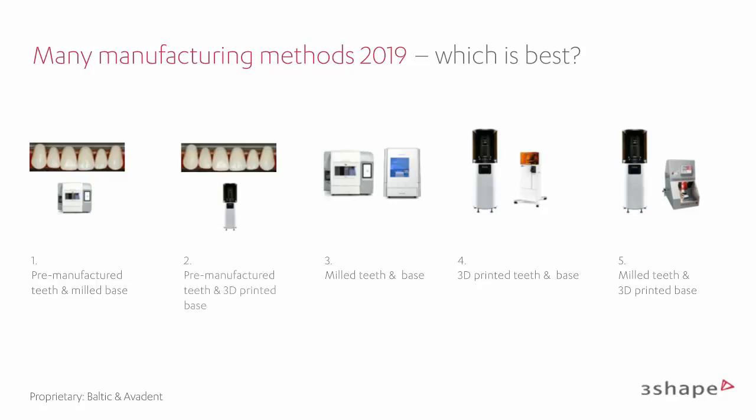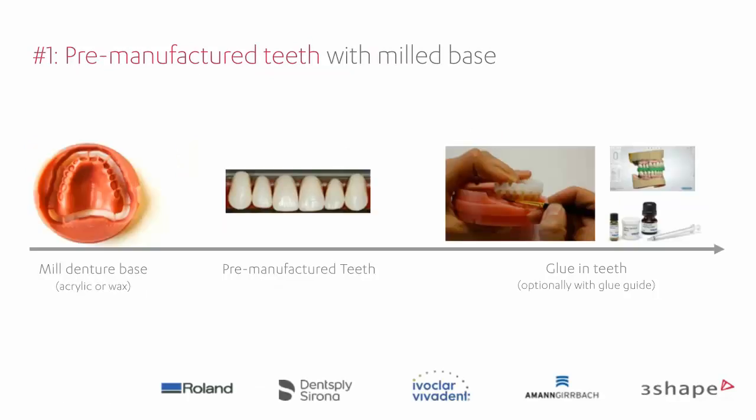Instead, there's been introduced the solution by Sirona, where we use pre-manufactured teeth and a 3D printed base. I'm not going to go through all of them on this overview slide. I will go through them one by one here. So we still see quite a lot of people milling the base and using the pre-manufactured teeth and then gluing in the teeth.